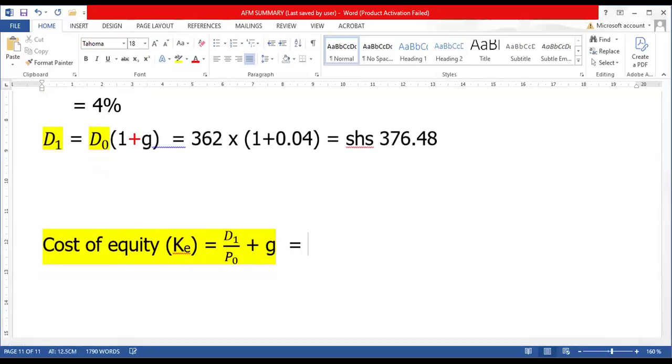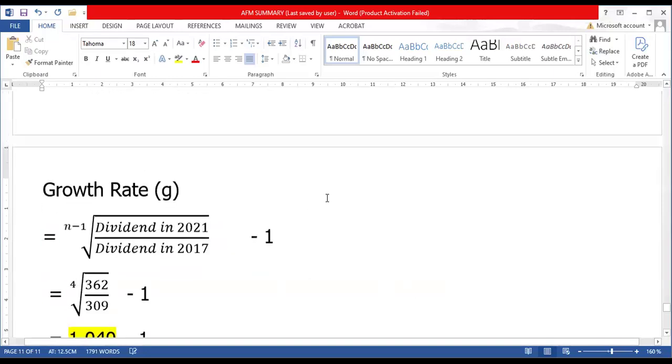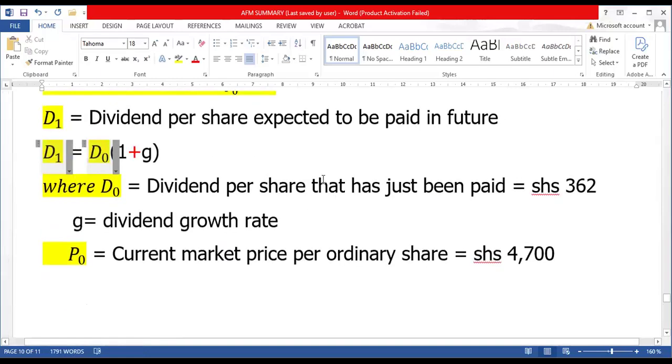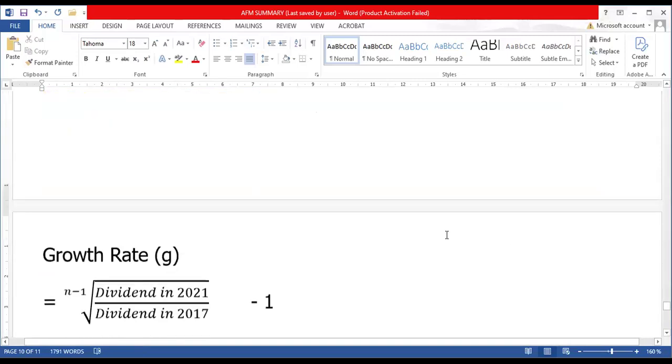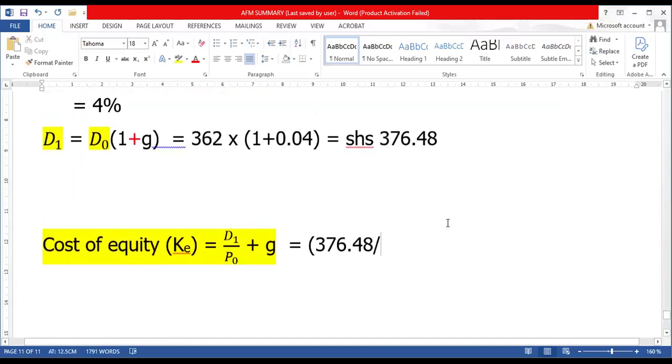So it will be 376.48 divided by P naught. What is P naught from the question? 4700.